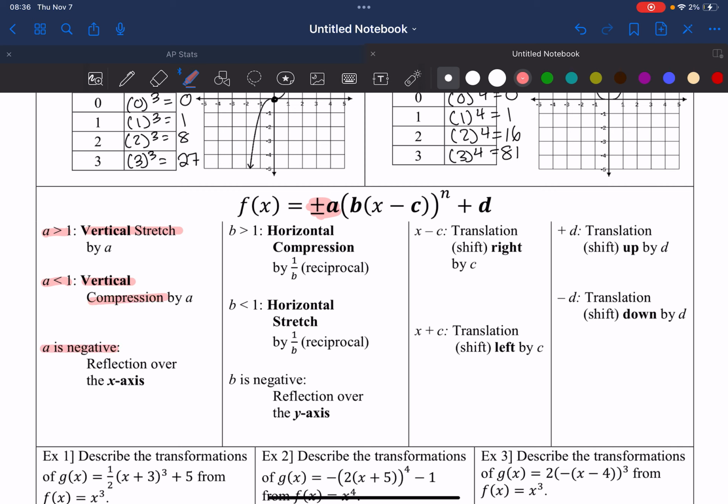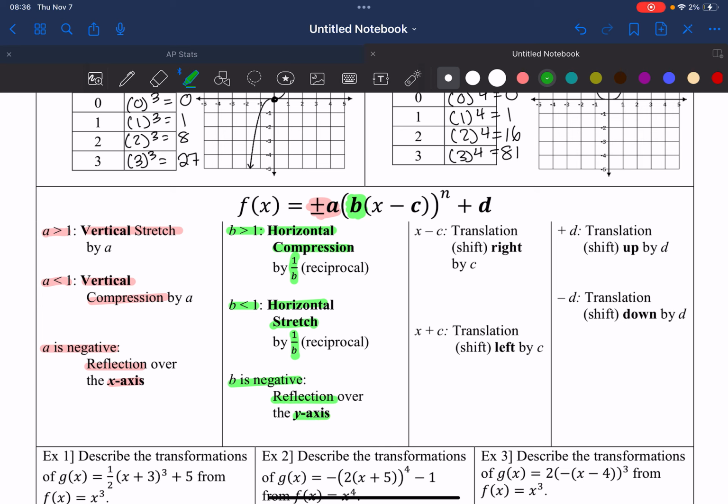And if A is negative, we say this is a reflection over the x-axis. For B, if B is greater than 1, this is a horizontal compression by the reciprocal. If B is less than 1, we have a horizontal stretch by the reciprocal. And if B is negative, we have a reflection over the y-axis.